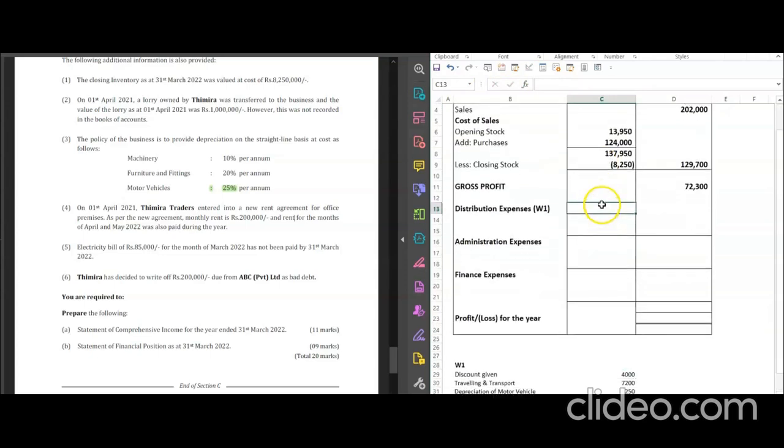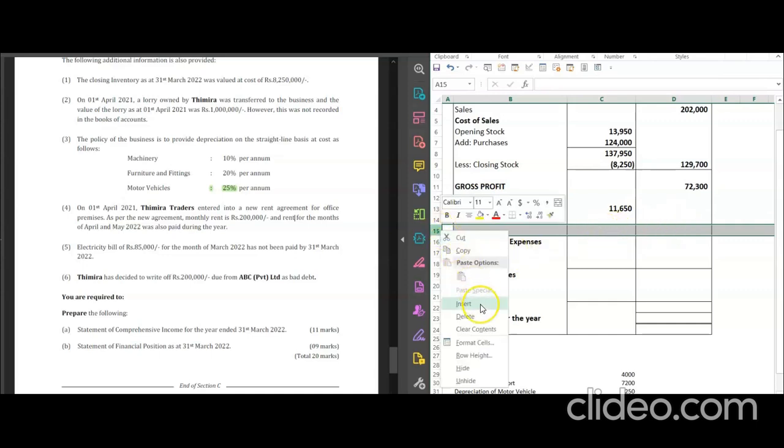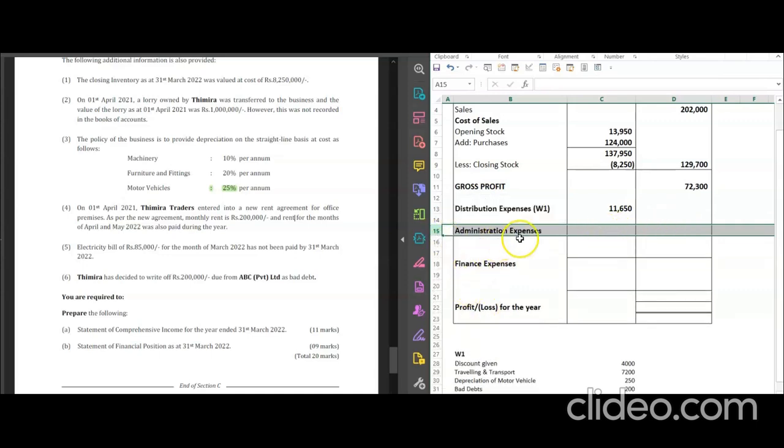So we put here 11,650. We can see here that 11,650 is the distribution expenses. So plus, let's see how much is the administration expenses. We can have working two for administration expenses.